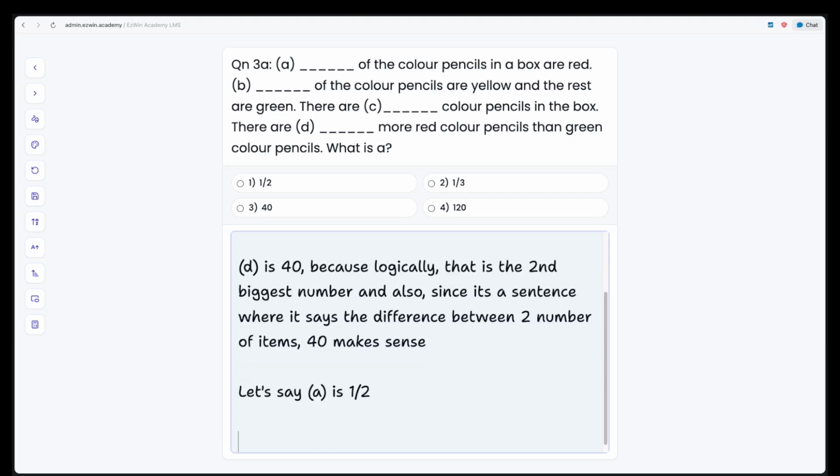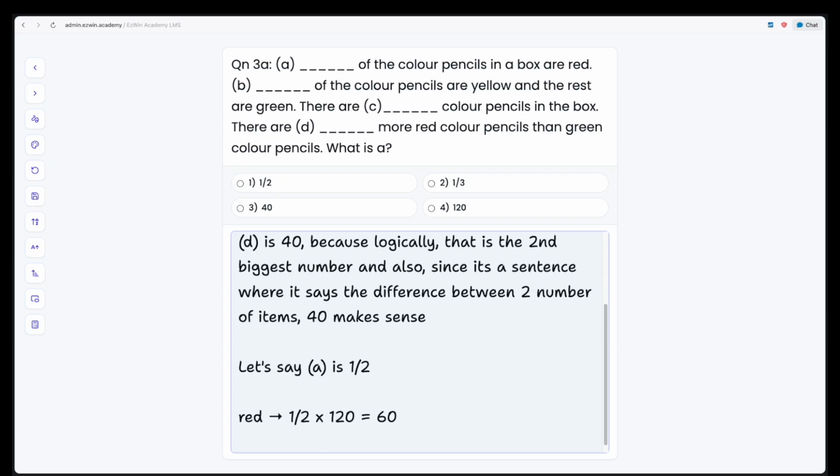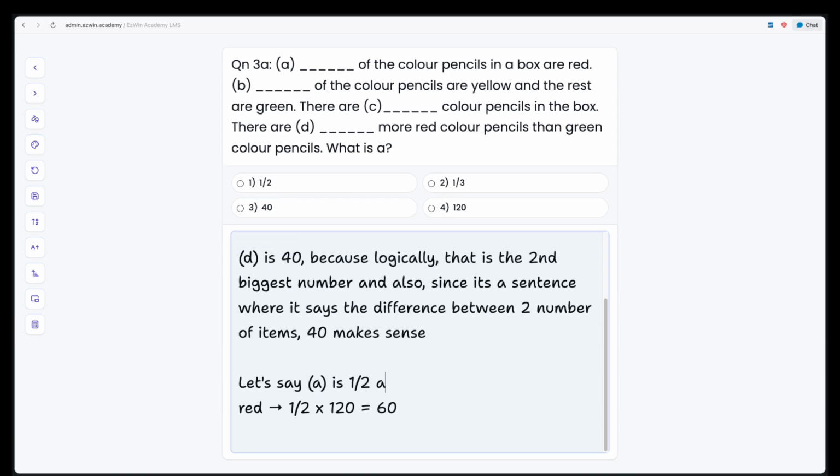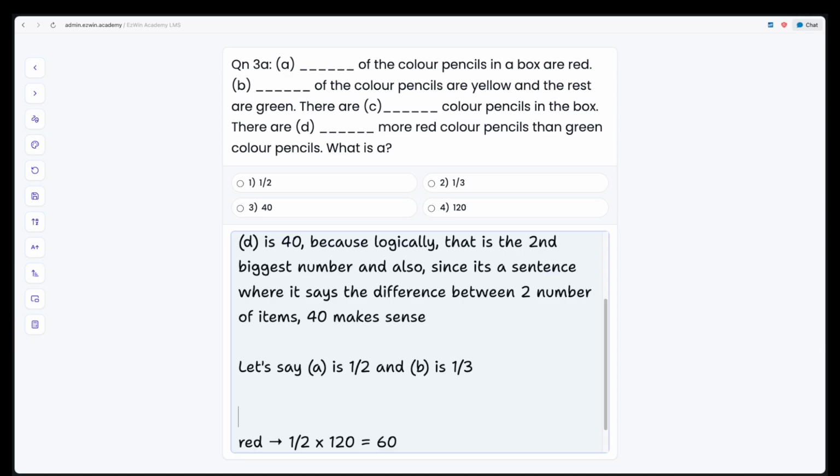So that means red is equal to half times 120, which is 60. Okay, and then B, let's say B is 1/3.